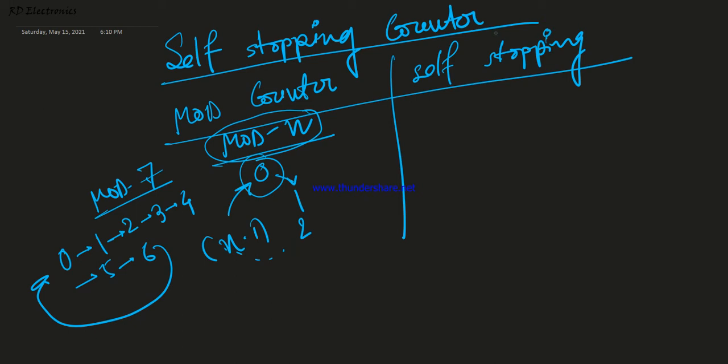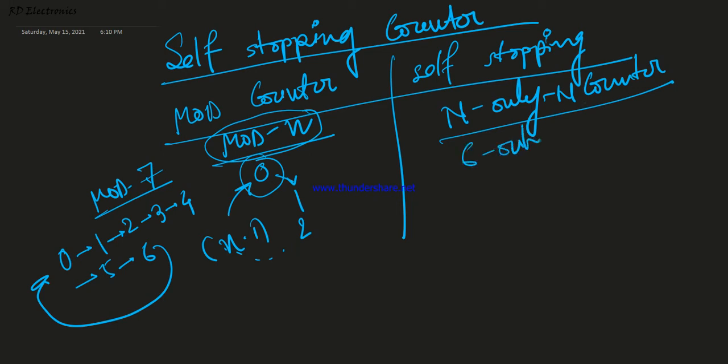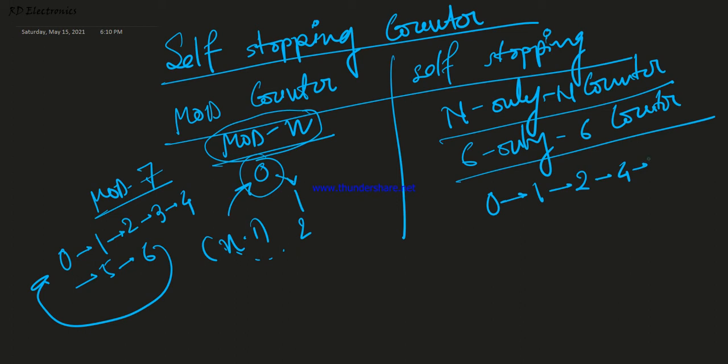But in a self-stopping counter there is some difference. So what is the difference? First of all, this self-stopping counter is also known as n only n counter. Okay, this is very important. For example, if we take a 6 only 6 counter, then the counting states are 0, 1, 2, 3, 4, 5, and 6, and it stops here.